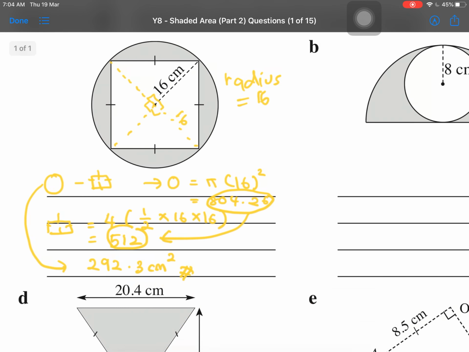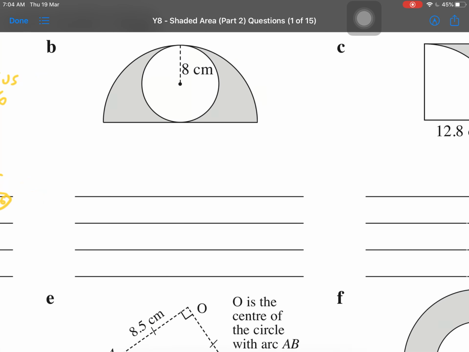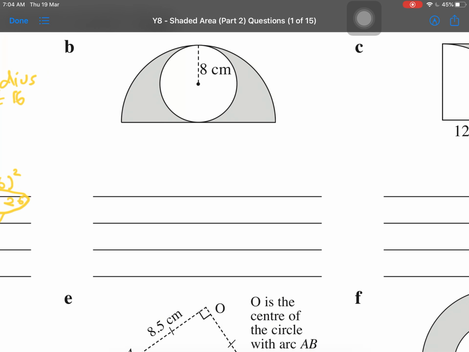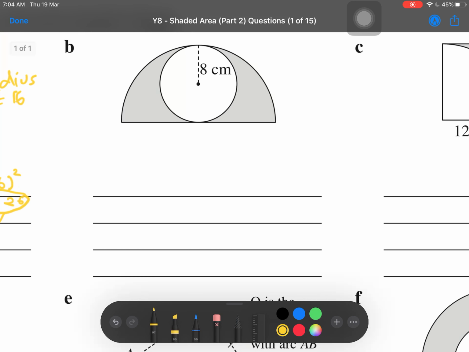Done. Okay, let's move on to the next question, question 2B. This is quite interesting as well, because the identification of the radius is the first thing that we should do before anything else. So the strategy remains the same. It's still big minus small. But it's just that now your big one, if you look at it carefully, the radius of the big one is this entire thing, which is 16.